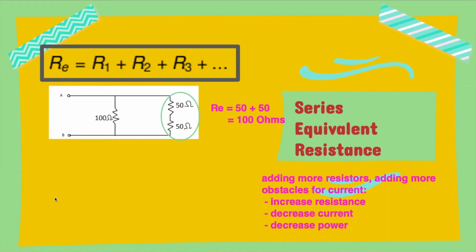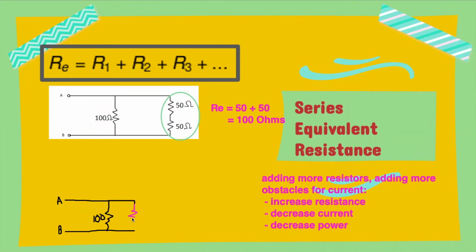So if I redrew my circuit, with my 100 ohms and my points A and B, I'd be able to redraw that 50 and 50 section on the outside path. I'd be able to replace the 50 and 50 with one 100 ohm resistor. It's kind of like changing 4 quarters for a dollar.